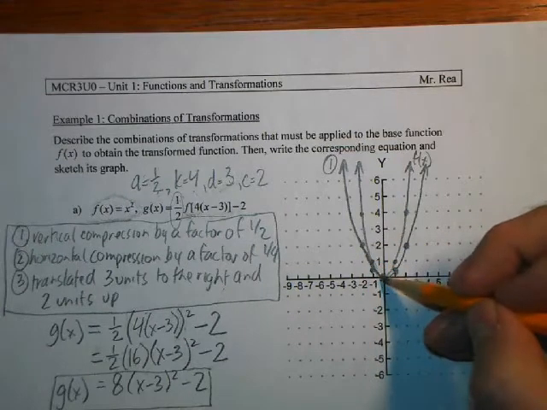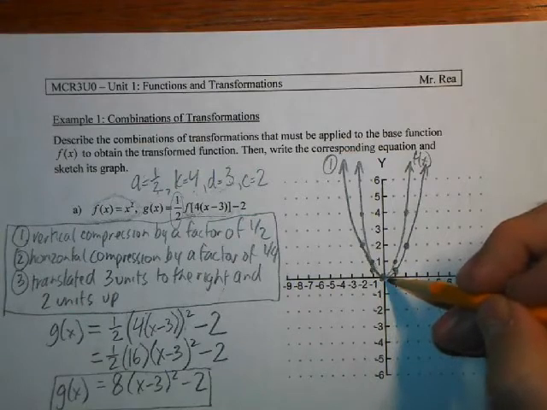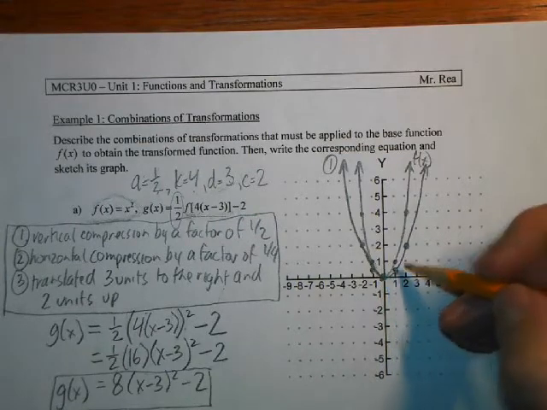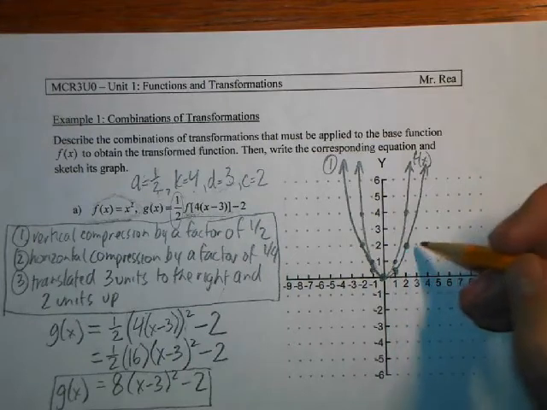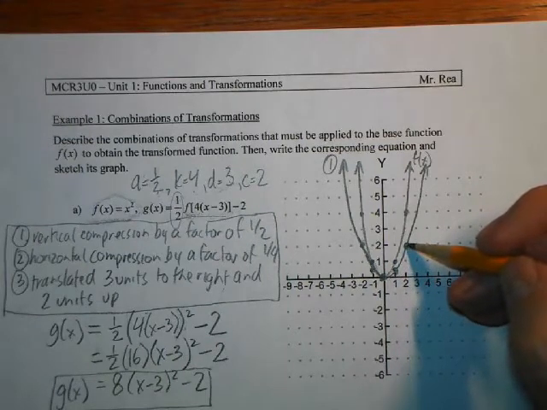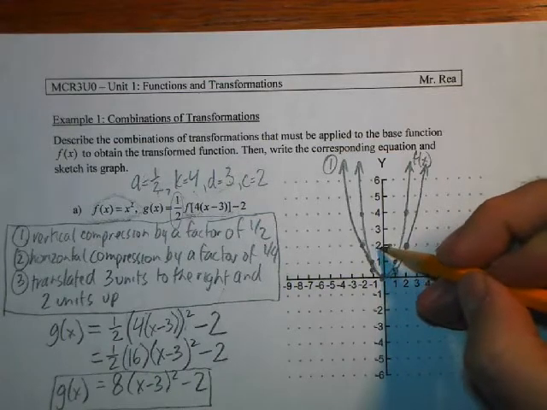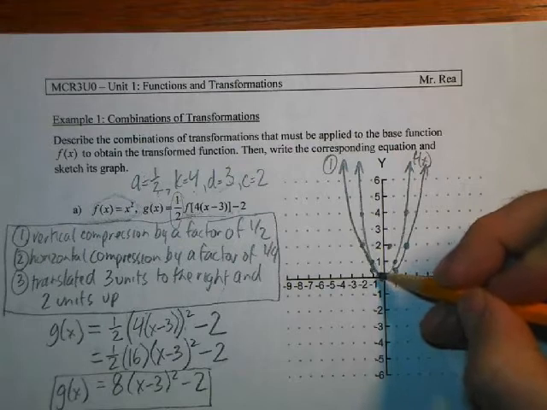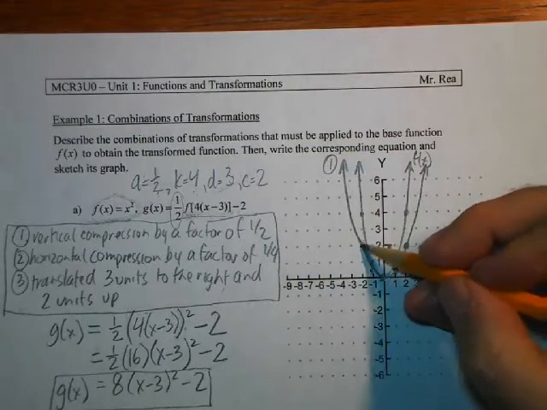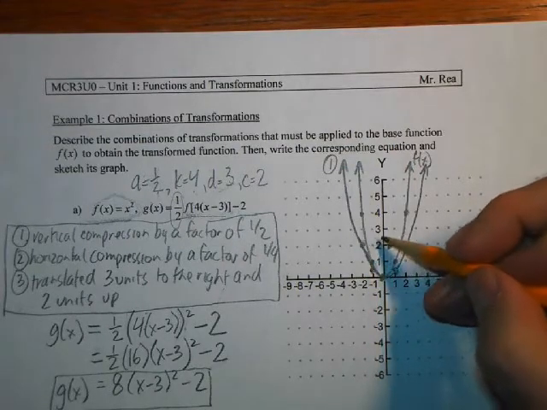Okay, so again, the 0, 0 doesn't change because 0 times 1/4 is still 0. But this point here, right now it has an x coordinate of 2, so 1/4 of 2 would be 1/2. So now that new point is basically shifted from here to here, and I've got the same thing on the other side, so that value of 2 now becomes 1/2.